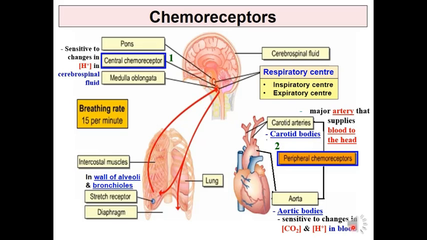Another receptor, but not under chemoreceptor, is the stretch receptor, which is located in the walls of the alveoli and bronchiole. Okay, that's all. Thank you.